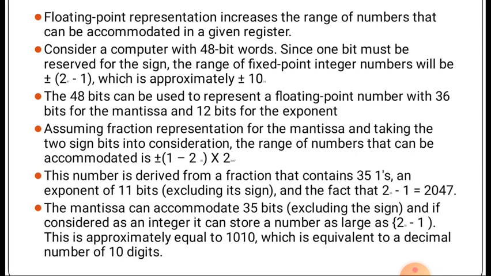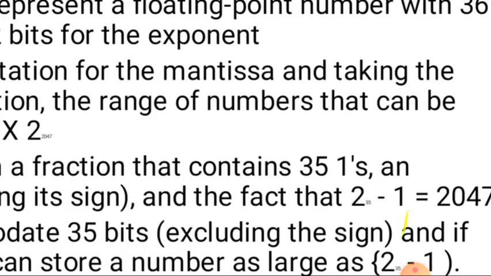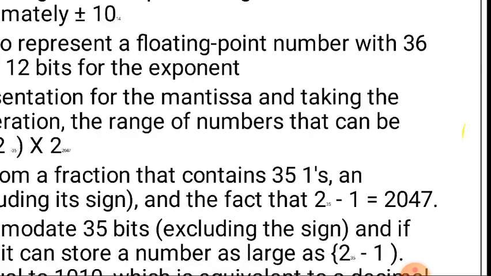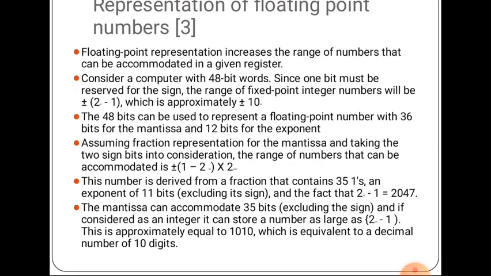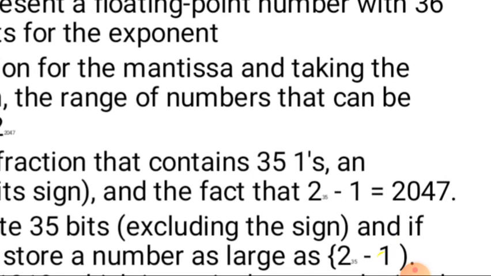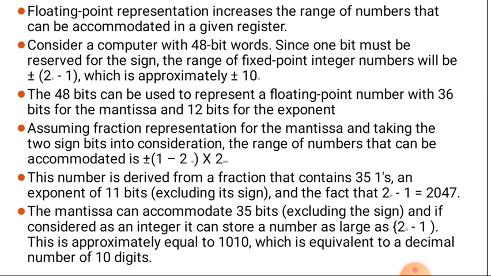This number is derived from the function containing 35 ones and an exponent of 11 bits, excluding the sign bit. The fact that 2 raised to 35 minus 1 is equal to 2 raised to 47, that many numbers can be stored.